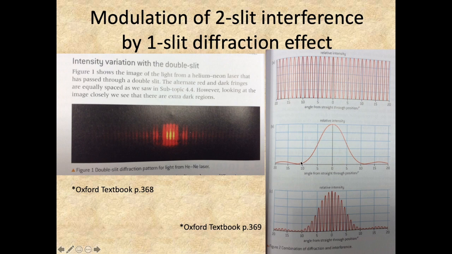Now, you see the similarity between the single slit diffraction pattern and the graph that you see here. This is actually a combination of the first two. This is what you would see with two source interference with diffraction effects. This is what we call Young's double slit experiment.